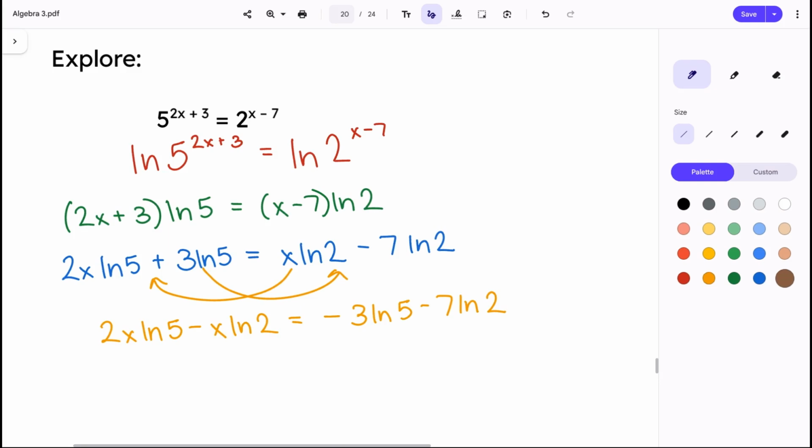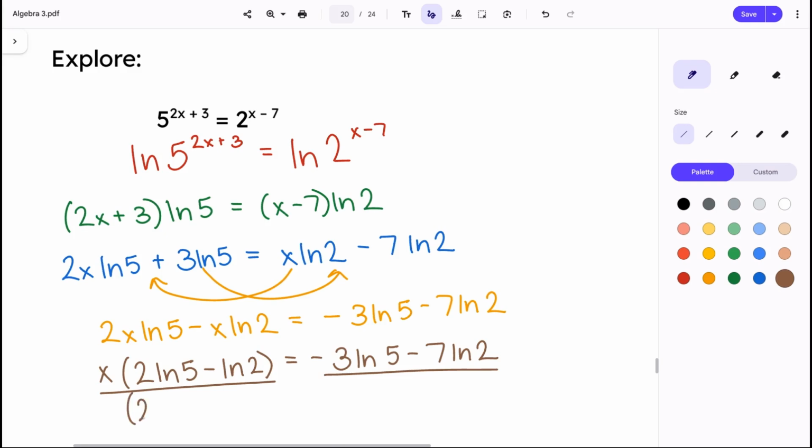Then you can take out the x from the left-hand side. And then to finish it off here, I'm going to divide by the 2 ln 5 minus ln 2. And then like before, this is going to be a lot of calculator work. So you just want to type all of that in and it should give you negative 3.83.